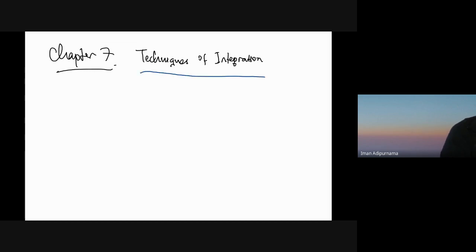We start from what's called the techniques of integrations. The first section is about what we call integration by parts.